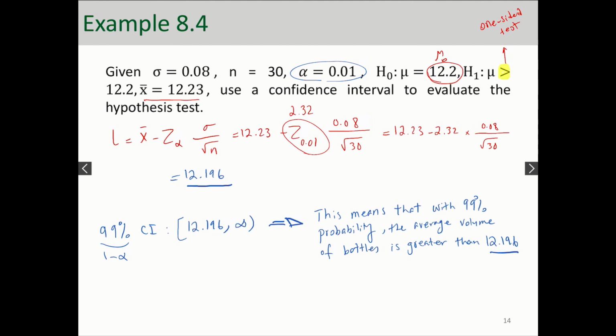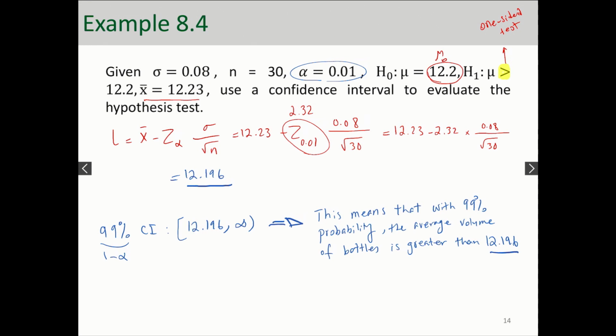So now, how do we make a decision here about our hypothesis test? We were hypothesizing that the average volume of these bottles is 12.2, and the alternative hypothesis says more than 12.2. Now, we are saying with 99% probability, the average volume is more than 12.196.